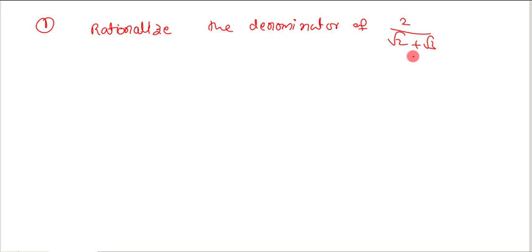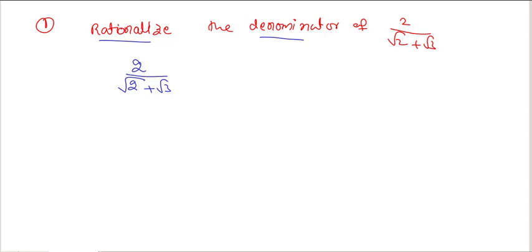So if you observe this, we are given 2 by under root of 2 plus root 3. Here we need to rationalize the denominator.